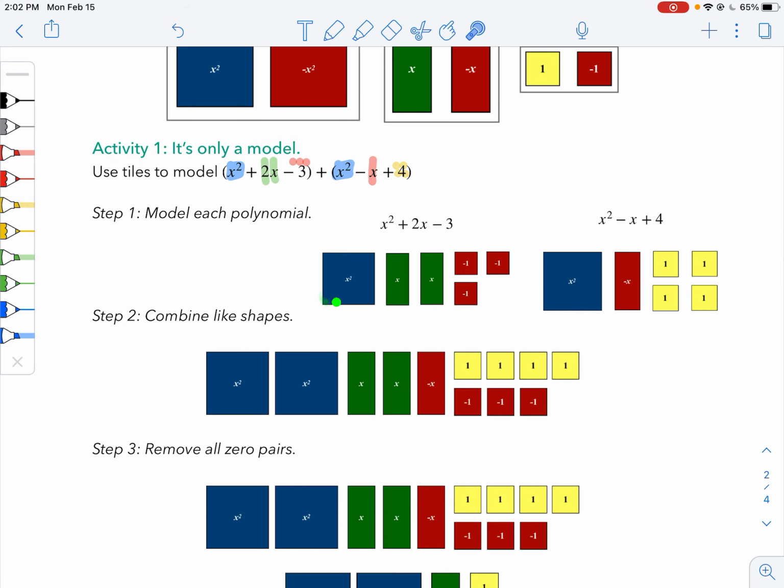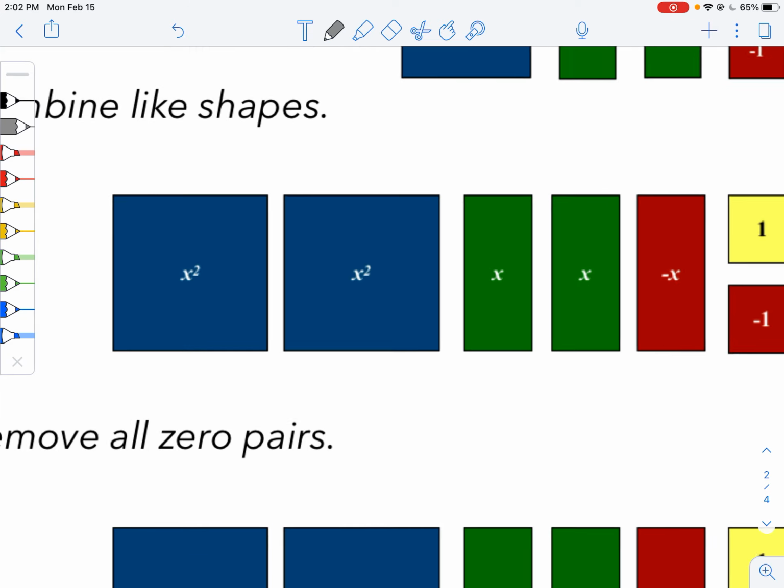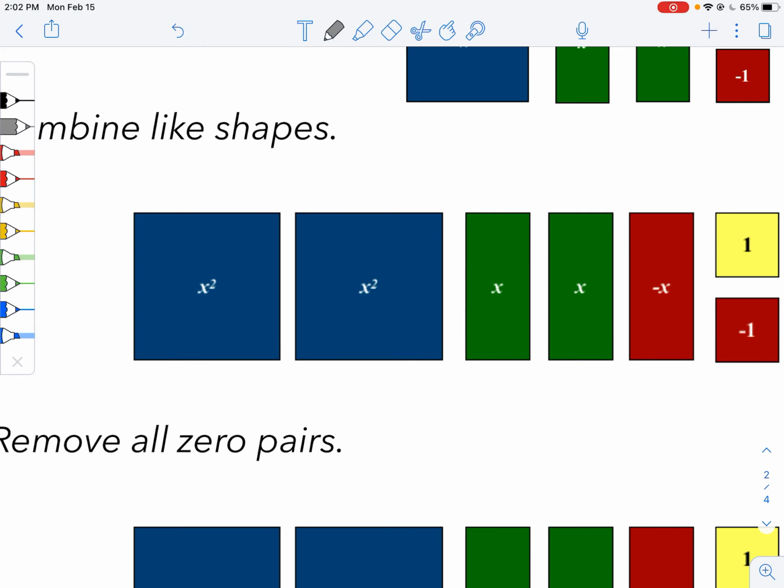You see I've got my x squared plus 2x minus 3 and x squared minus x plus 4, and I'm going to combine them together with their like shapes.